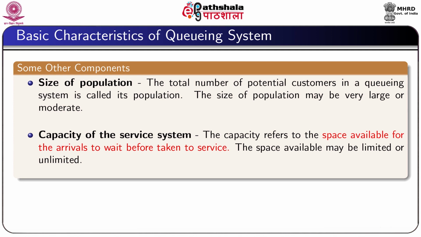When the space is limited and the length of the waiting line crosses a certain limit, no further units or arrivals are permitted to enter the system till some waiting space becomes vacant. This type of system is known as a system with finite capacity.